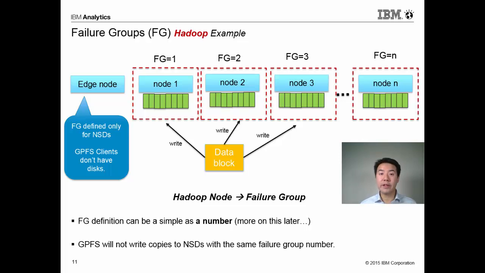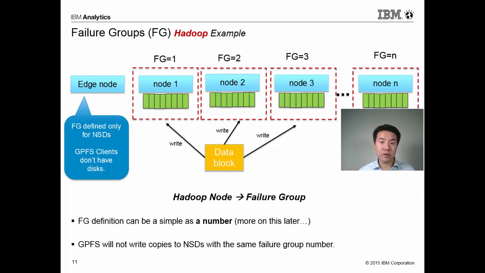Failure group 1, failure group 2, failure group 3, but it can also be more than that, and I'll get into this in the next slide. Now you also see here there's an edge node. The edge node is part of the cluster and can see the file system logically, but it is not an NSD server. And so in this case, failure groups don't apply to the edge node.